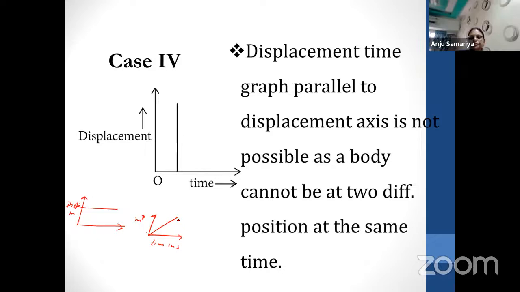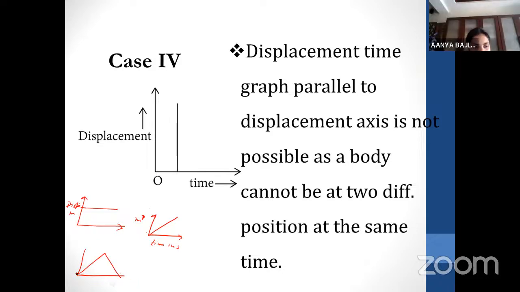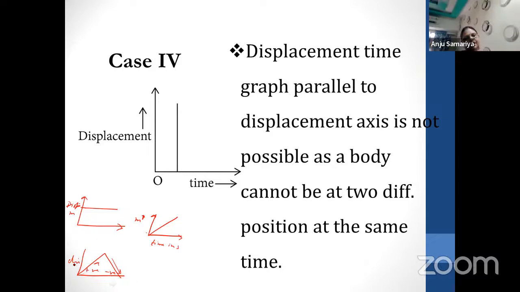Then we saw this graph: the body is going away from a point, coming back to the point. So this is positive velocity and this is negative velocity. We are not talking about the retardation because it is a displacement time graph.